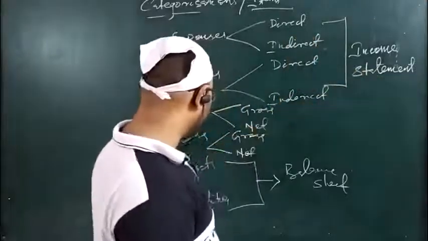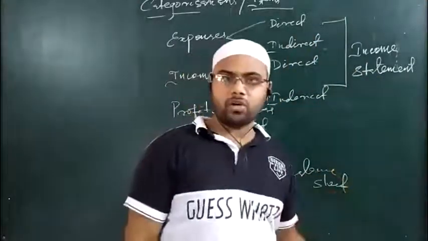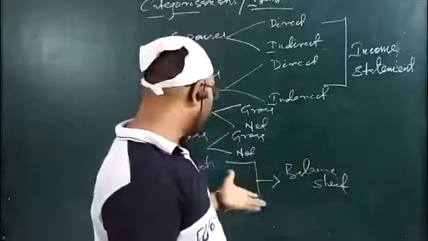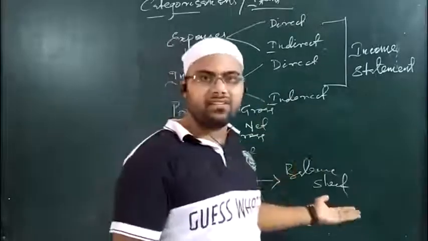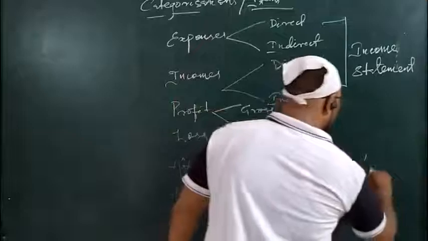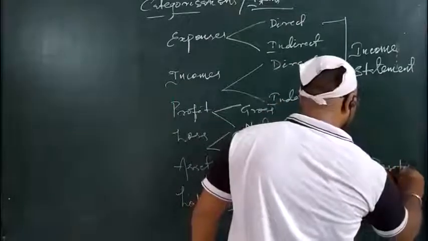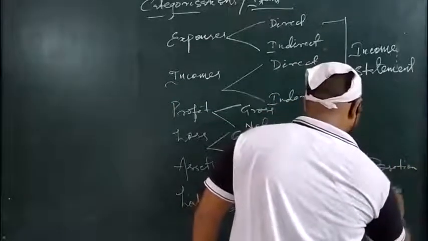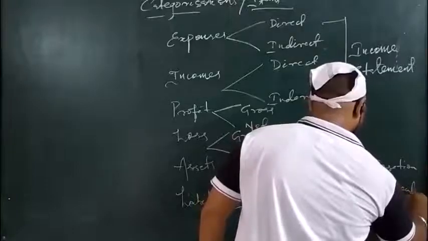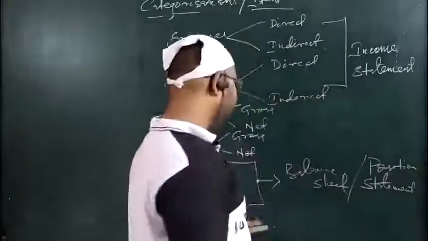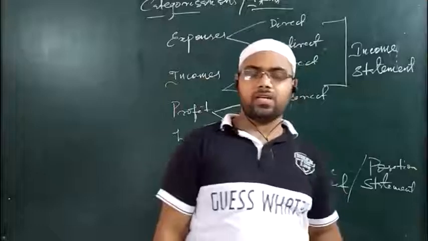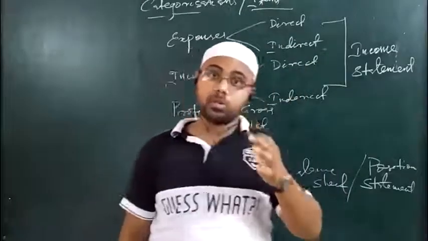Coming to the assets and liabilities, the last 2 most important categorizations of this part. Okay, these 2 are taken to the balance sheet, which is also called the position statement. So assets and liabilities are taken to the balance sheet; liabilities are taken to the left hand side of the balance sheet, and assets are taken to the right hand side.